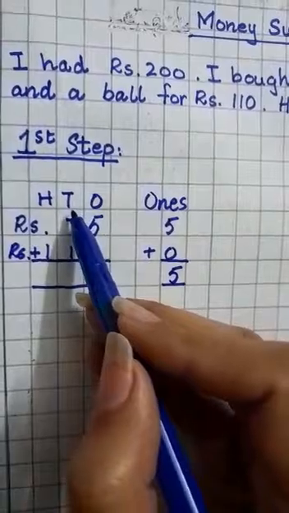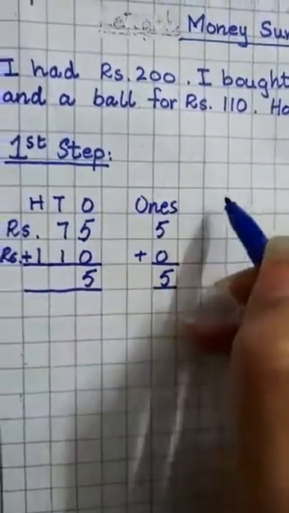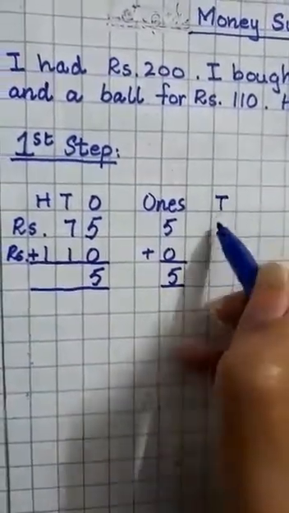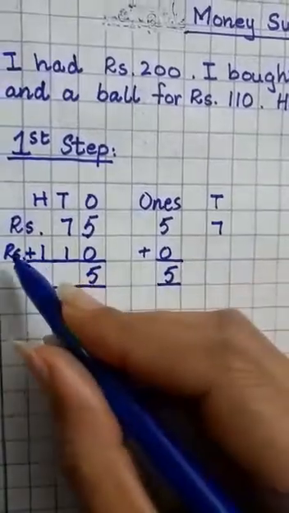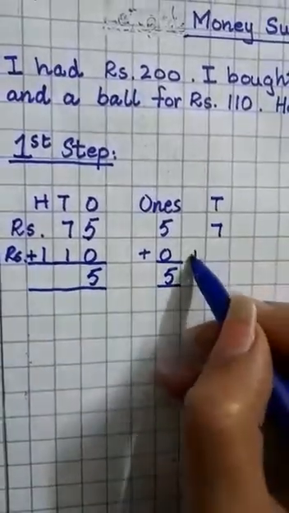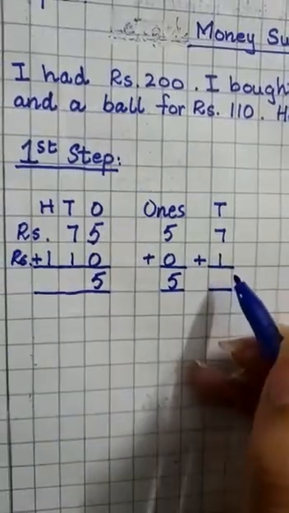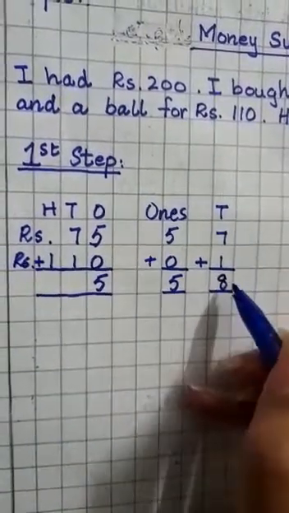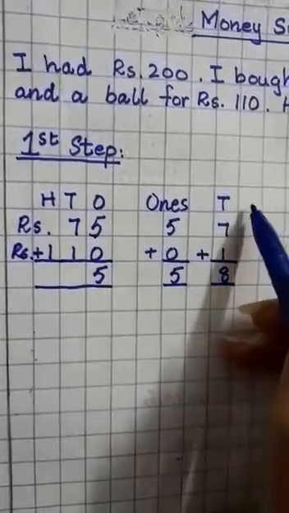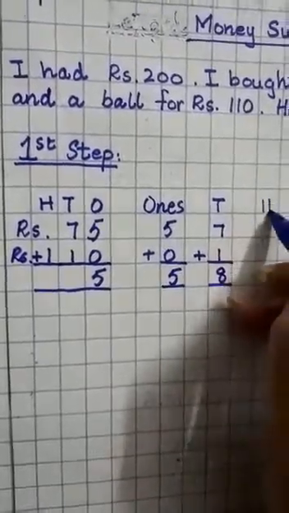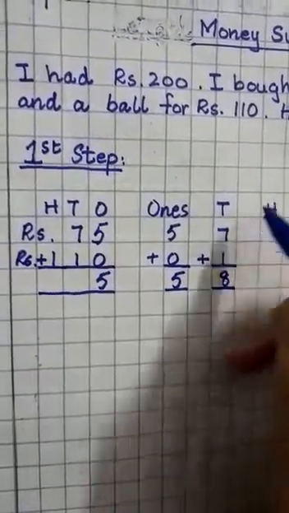Next step, separate the tens. Leave one block, separate the tens. Write T. 7 plus 1. What is the answer? 7 plus 1? 8. Yes. Now third step, leave one block, separate the 100.